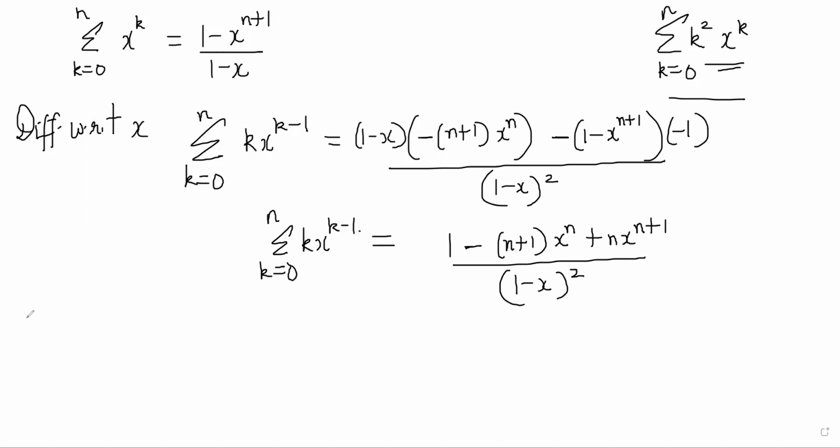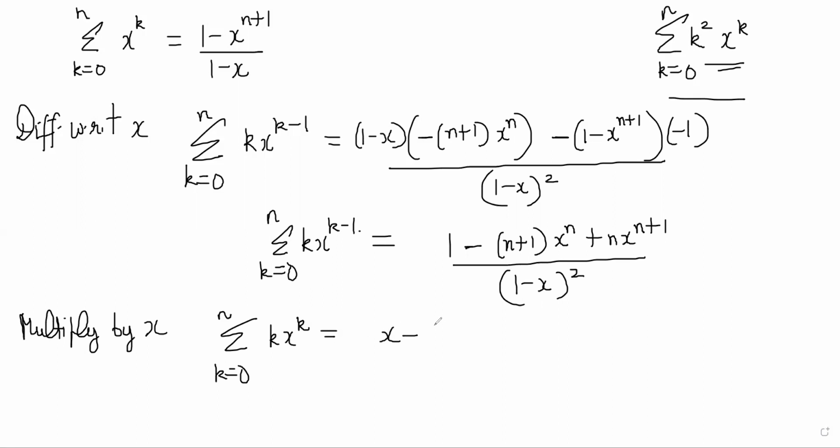So I'll multiply by x, both sides. So here I will get summation k goes from 0 to n, k x power k, and that becomes basically x minus n plus 1, x power n plus 1, plus n x power n plus 2 divided by 1 minus x whole square.